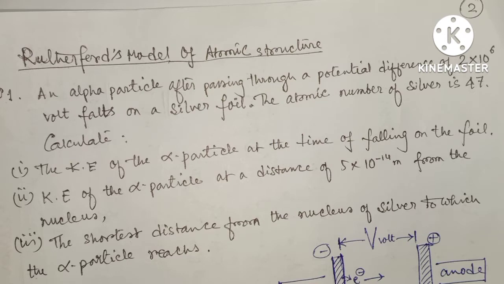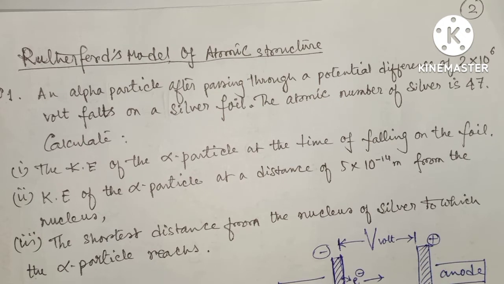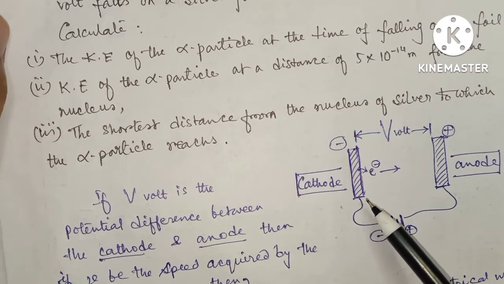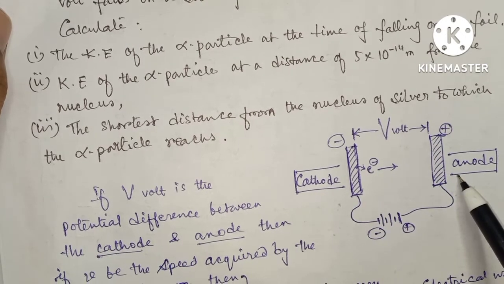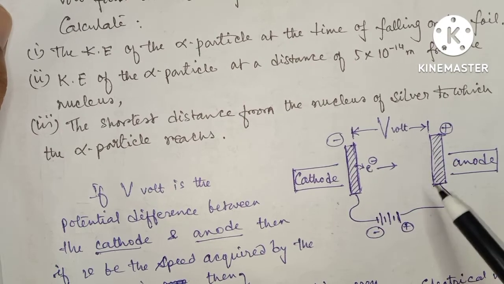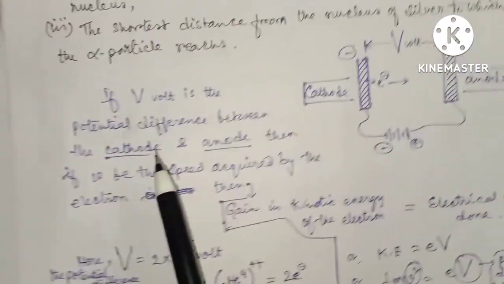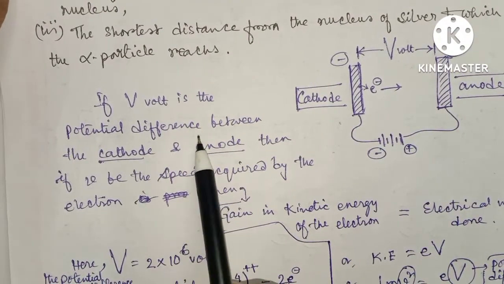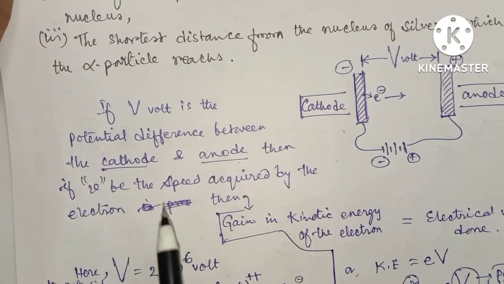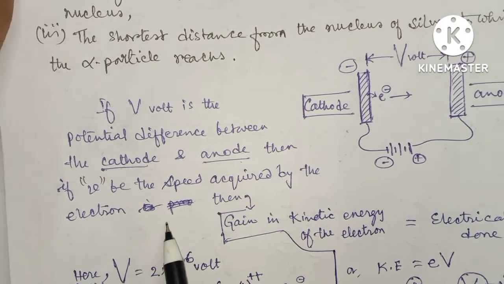So the first one, if we want to find the kinetic energy of the alpha particle at the time of falling on the foil, here it represents a cathode and a positively charged anode, and if V volt is the potential difference between cathode and anode, then v will be the speed acquired by the electron.